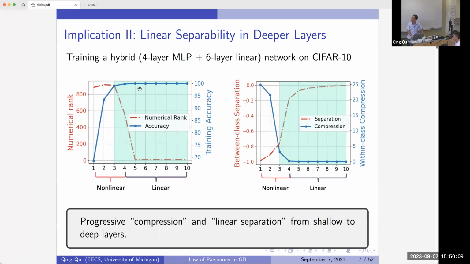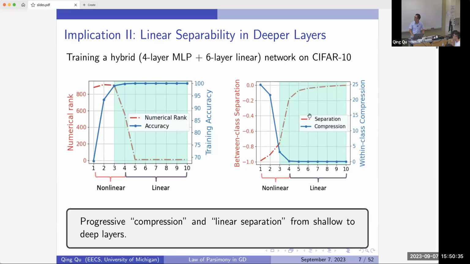So even if the deeper layers are replaced with a linear network, you are achieving pretty high training accuracy, which is 100 on the CIFAR data set. And the numerical rank shows the linear network is also acting as a feature compression. It compresses your features to lower dimensions.